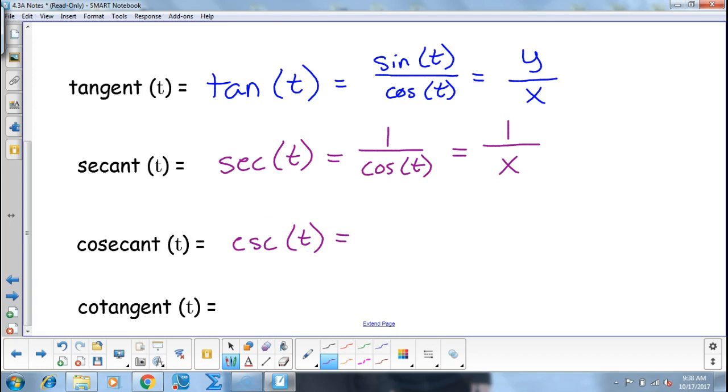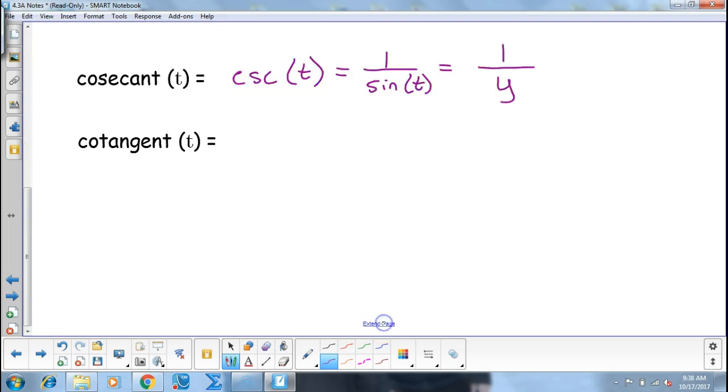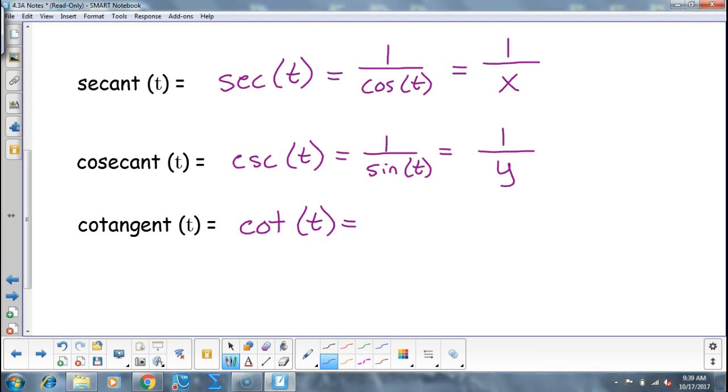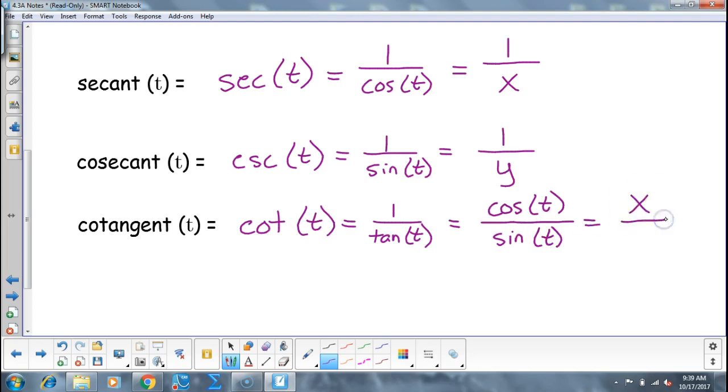So cosecant is the reciprocal of sine. Cotangent, or cot, is 1 over the tangent, so that would be the cosine of t over the sine of t, or x over y.